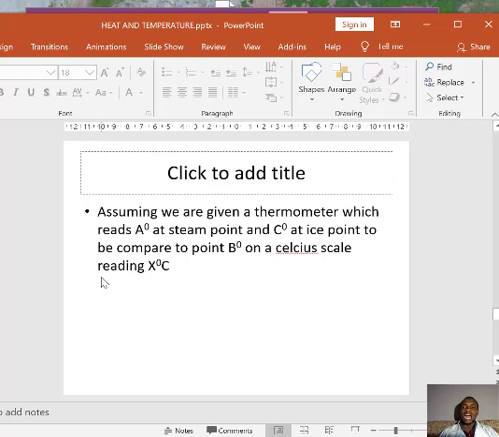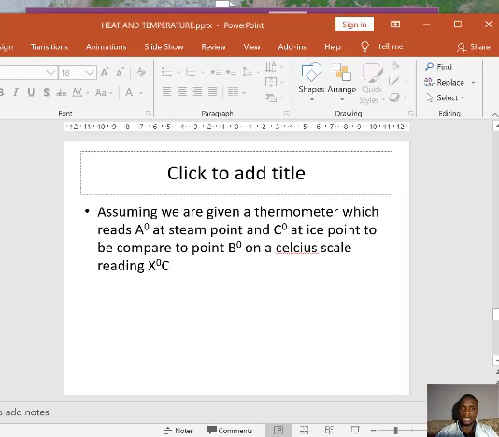Let's assume we have a thermometer which reads an arbitrary temperature scale, with A degrees as the steam point and C degrees as the ice point, and we are to compare it with the Celsius scale, which reads X degrees Celsius, while the arbitrary scale reads B degrees. Let's quickly look at how we can convert it.